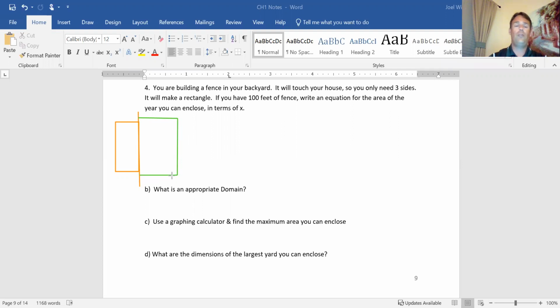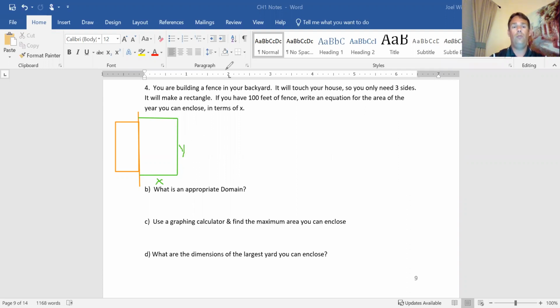Now, this is a rectangle. I could call it length and width, base and height, but because we're doing some advanced algebra here, algebra 2 actually, I'm going to go ahead and call it x since that's horizontal. I'm going to call it y since that is vertical.